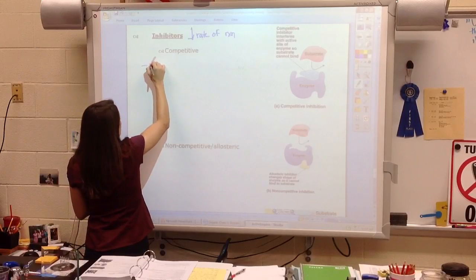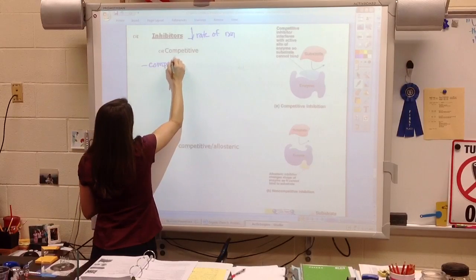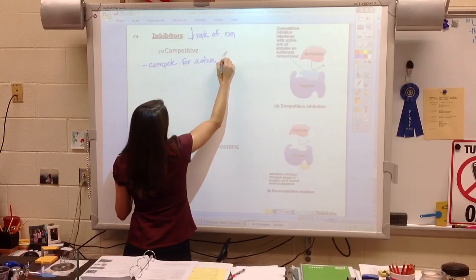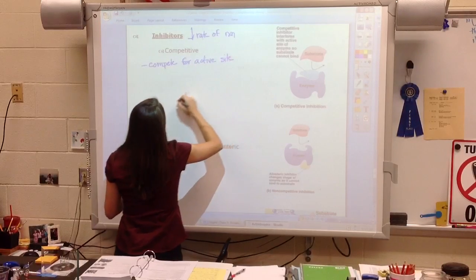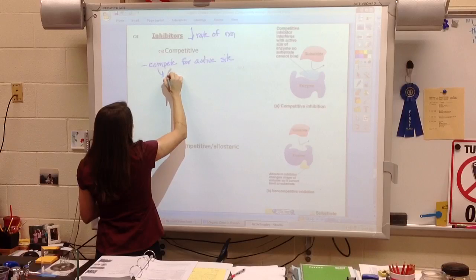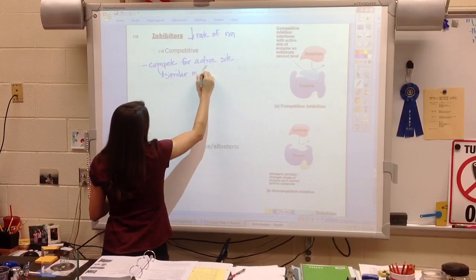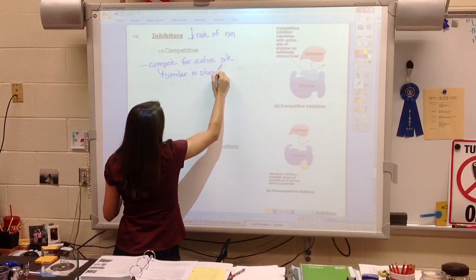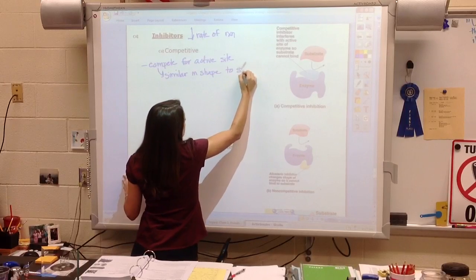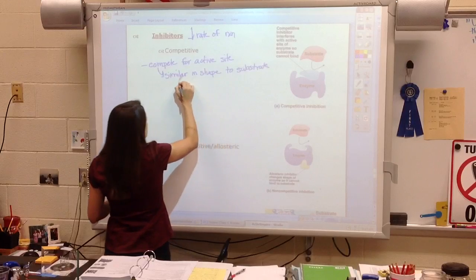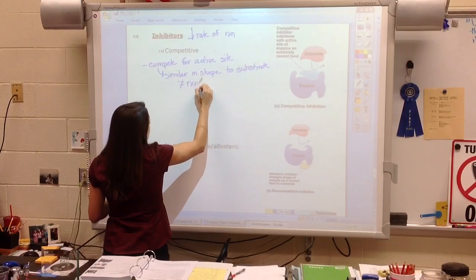Competitive inhibitors are going to compete for the active site. And so what this is going to mean is that they are usually similar in shape to the substrate, but no reaction will occur.